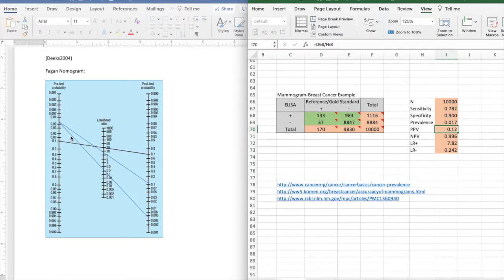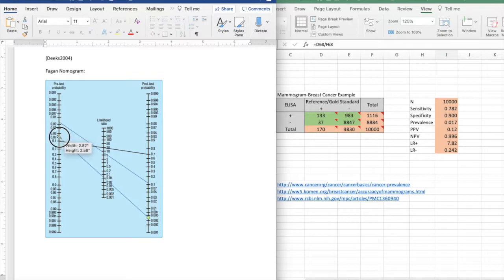Well, now let's take our pretest probability to 0.12, because that's where we are now. Positive likelihood ratio of 7. Now we're getting up close to 50% post-test probability.